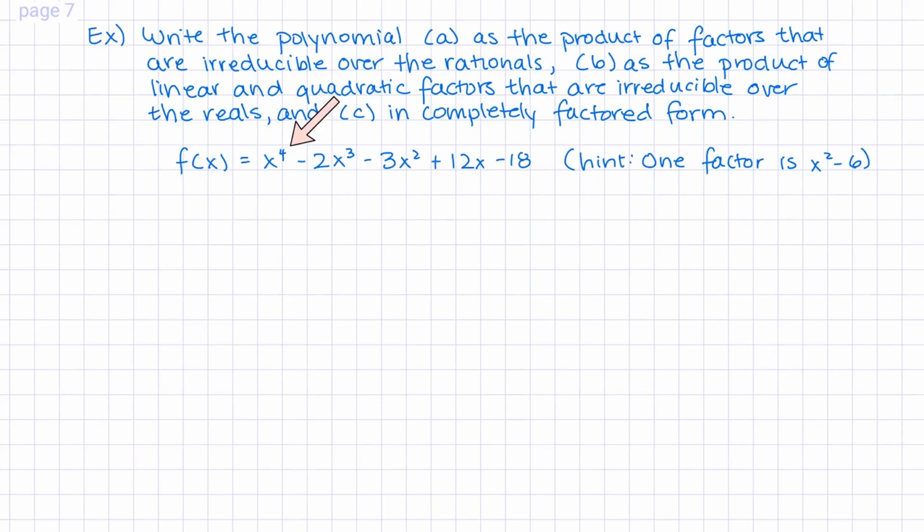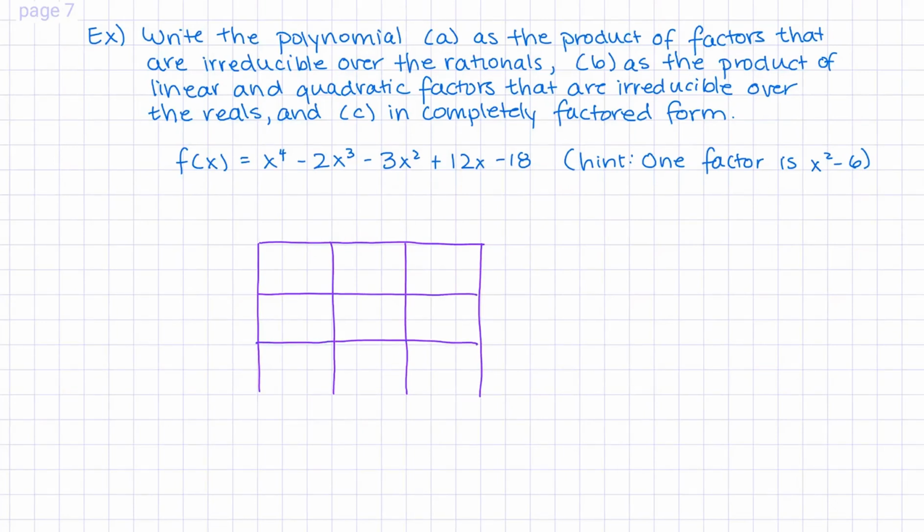So we have a 4th degree polynomial divided by a 2nd degree. That means my quotient is going to be a 2nd degree. So I'm going to set up 3 by 3 boxes. I'm going to put my divisor along one box.